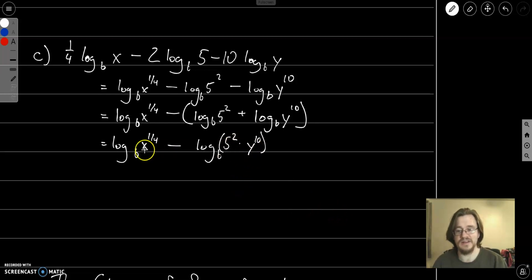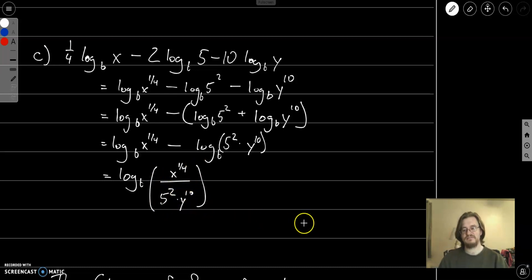Okay, we're nearly there. And now I have a log minus another log. This is going to be the log base b of x to the 1/4 divided by 5 squared times y to the 10th power. And we're essentially done.